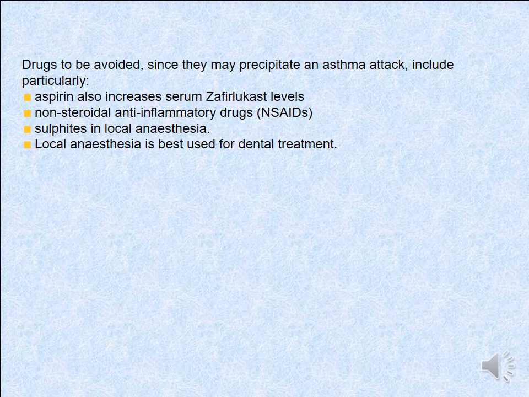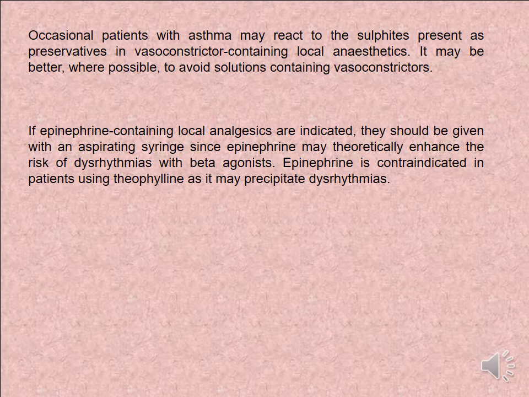Sulfite in local anesthesia: local anesthesia is best used for dental treatment and is not contraindicated, despite the presence of vasoconstrictor that leads to vasodilatation of the trachea. Occasional patients with asthma may react to sulfites present as a preservative in vasoconstrictor-containing local anesthesia. It may be better, where possible, to avoid solutions containing vasoconstrictor.